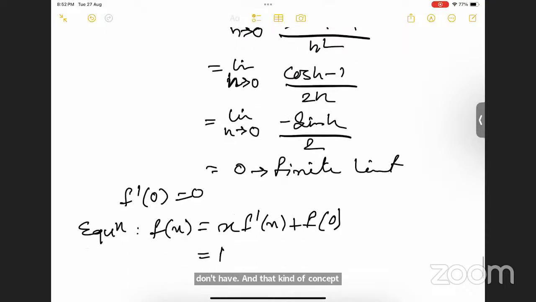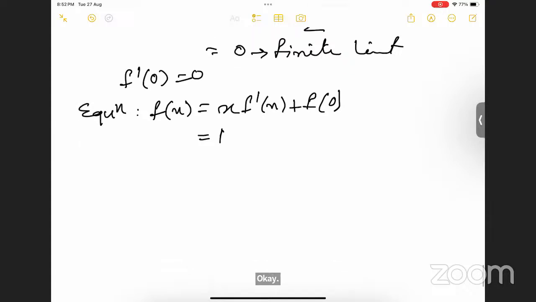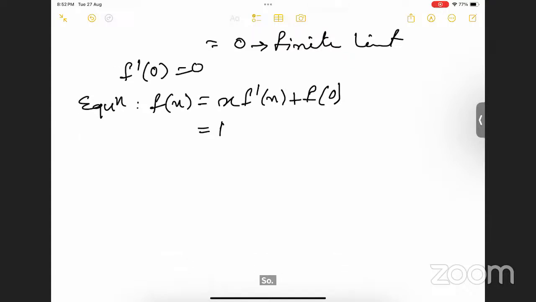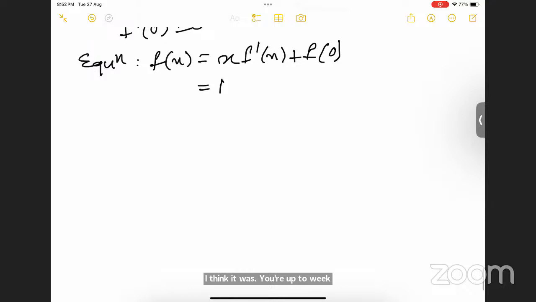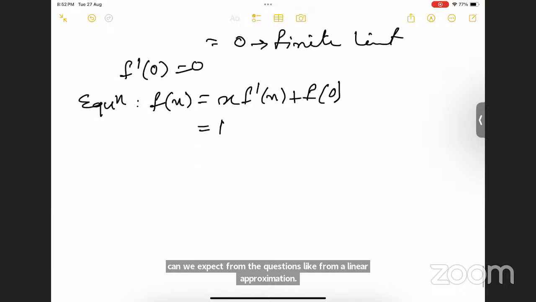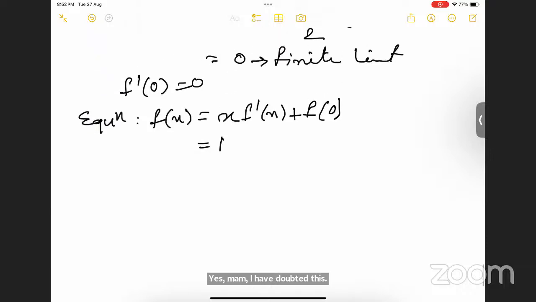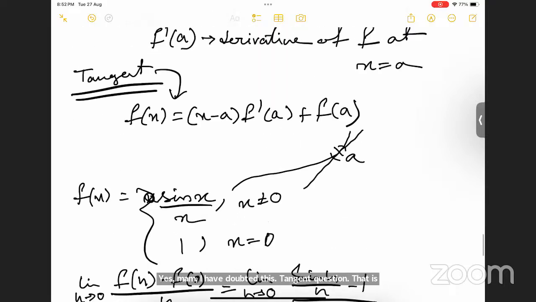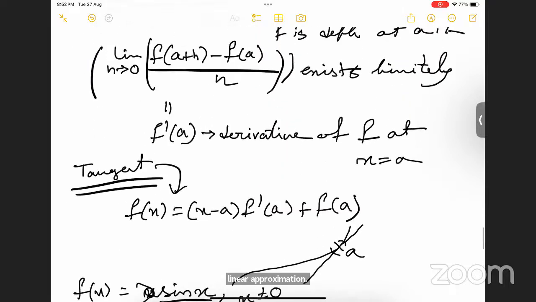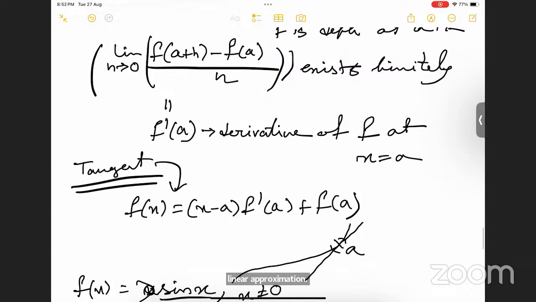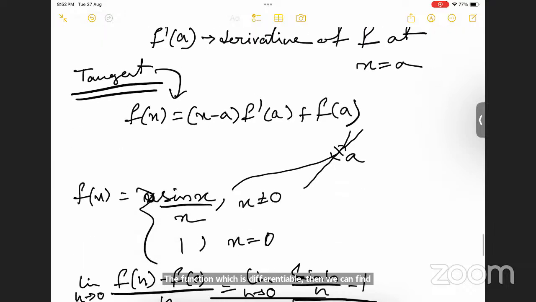Okay, so I think you're up to week 8. What can we expect from questions on linear approximation? Yes, ma'am, I have a doubt in this tangent equation, that is the linear approximation equation. If we have a function which is differentiable, then we can find the derivative, and using the derivative we can calculate the equation of a tangent.